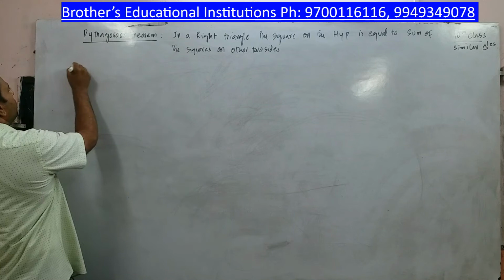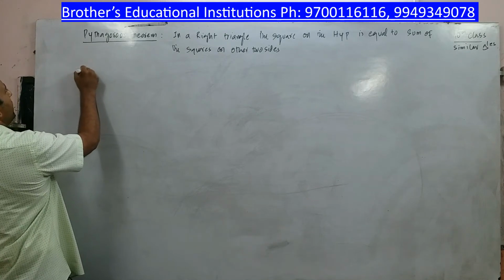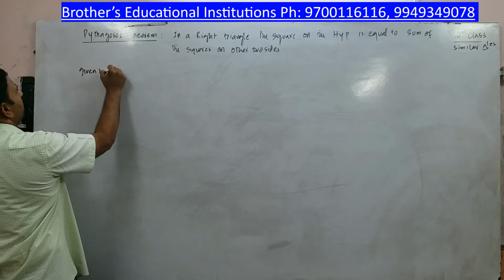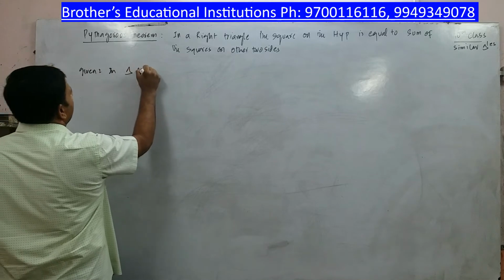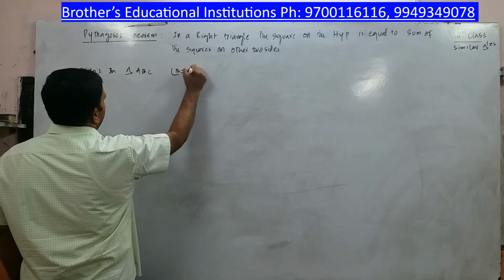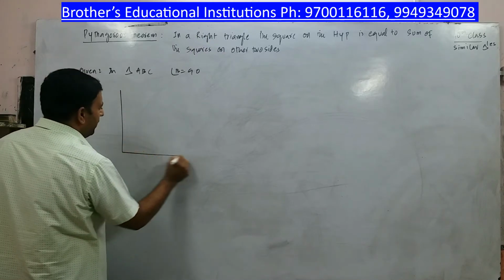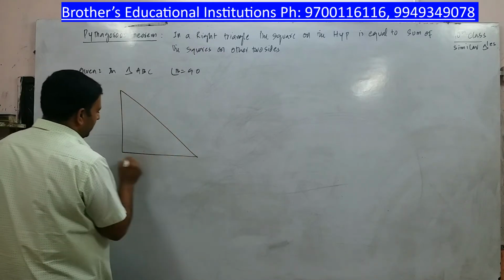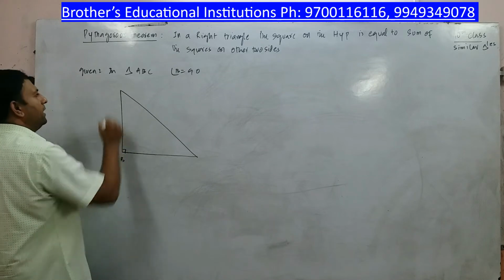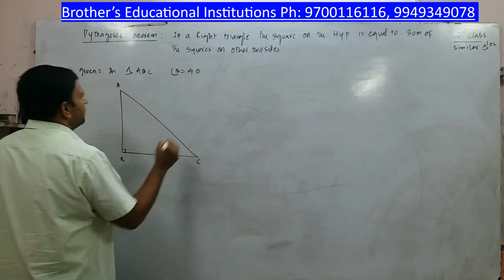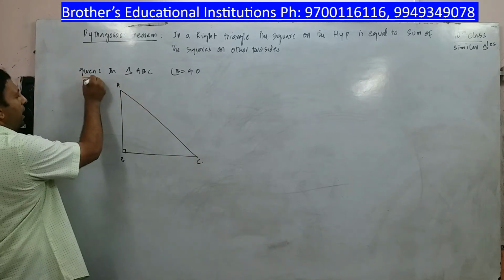Now let us try to prove it. Let me write what is given to you. Given: in triangle ABC, angle B is equal to 90 degrees. Because it is a right angle, I am taking this as B and this as 90 degrees. This is A and this is C. Now what is RTP?